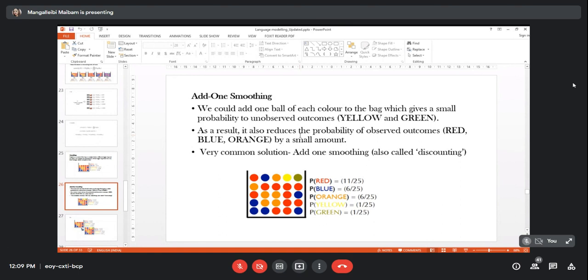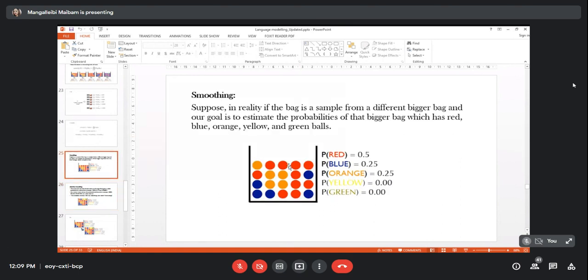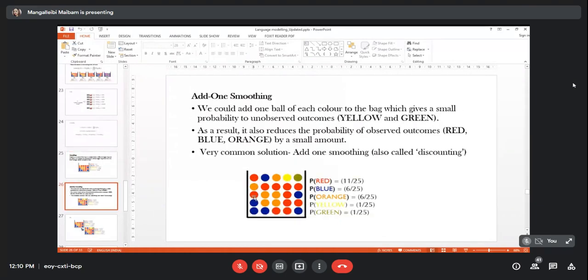Actually, in this we have how many red balls? 1, 2, 3, 4, 5, 6, 7, 8, 9, and 10. But now 1, 2, 3, 4, 5, 6, 7, 8, 9, 10, 11. So one ball is added in the bag for all the colors.